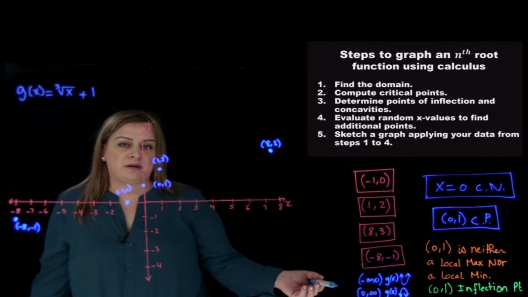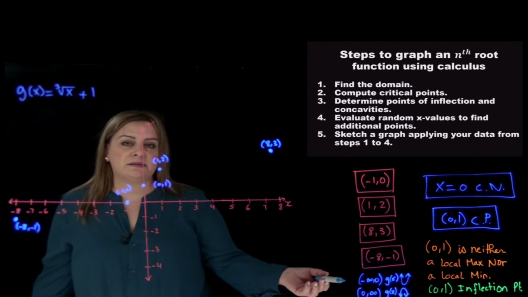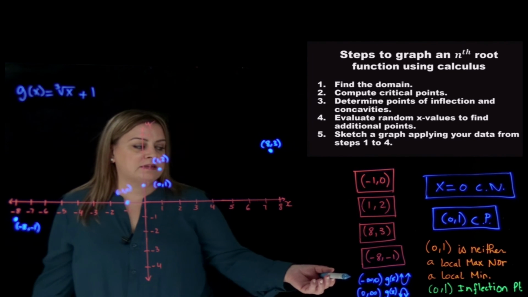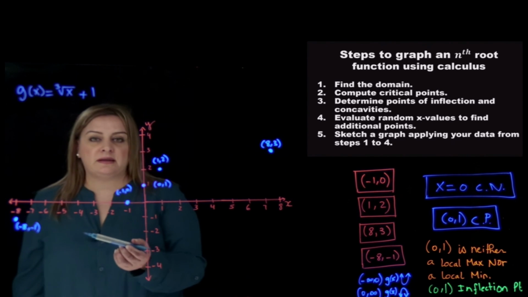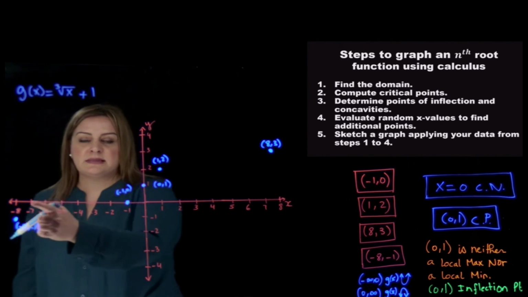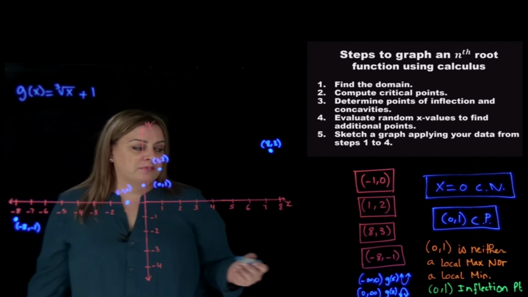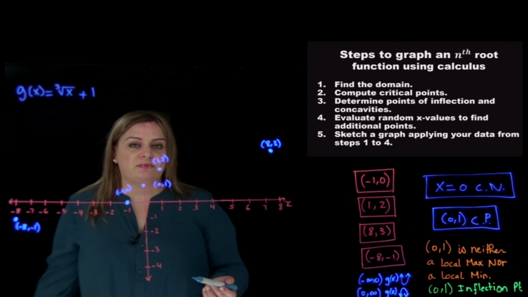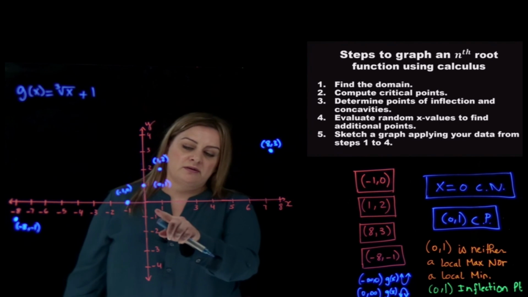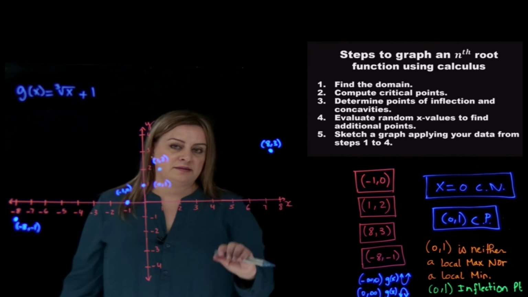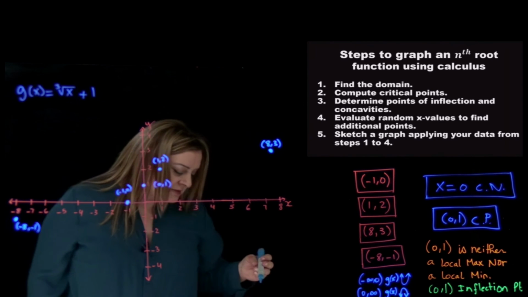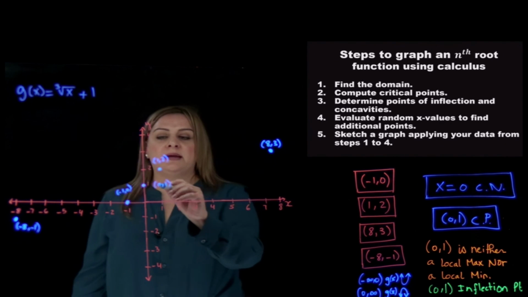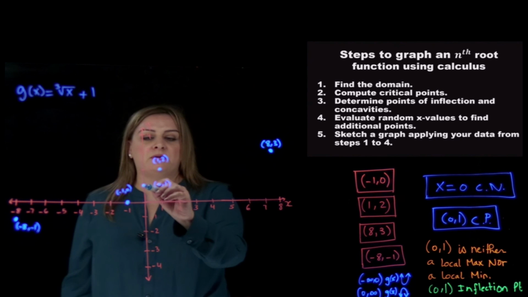From the data we collected, we know that the function g of x will be concave up on the interval negative infinity to 0 on this left side. Also, g of x will be concave down from 0 to infinity, which is the interval to the right. Knowing this information, we can connect the points of our graph.